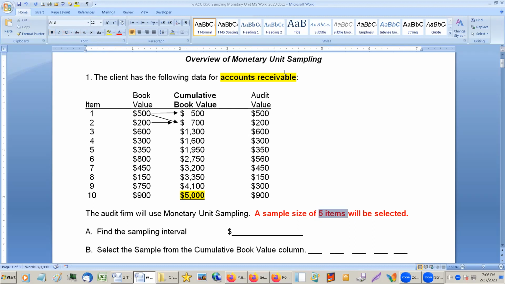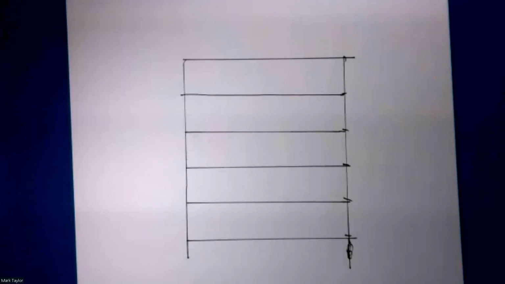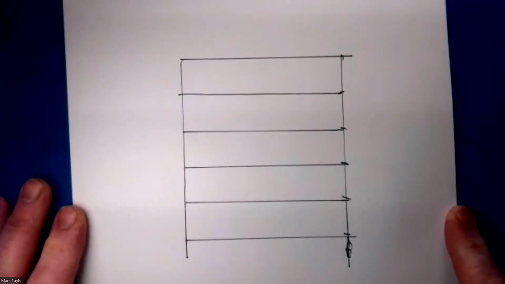All right, now I want to kind of show you what the whole idea behind this thing is. It's actually fairly ingenious.